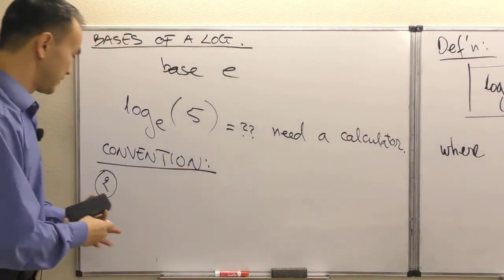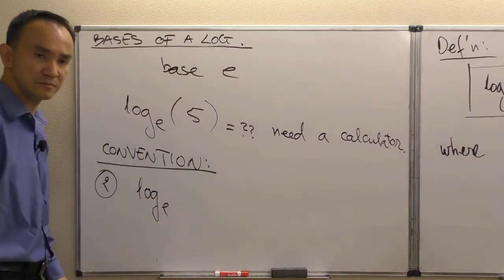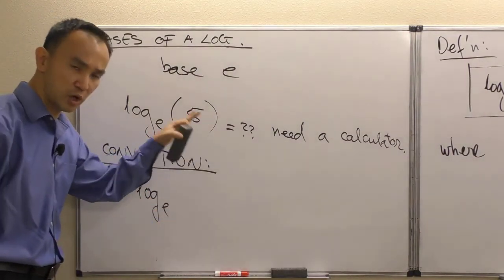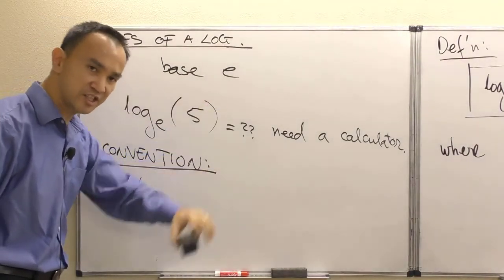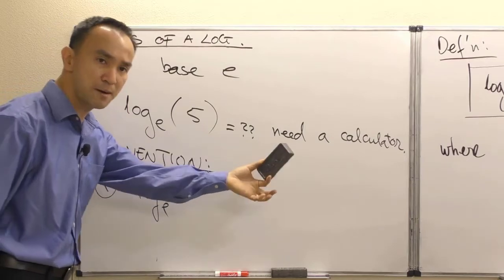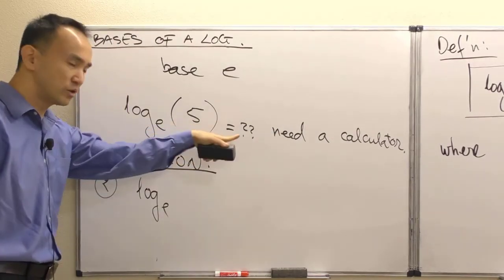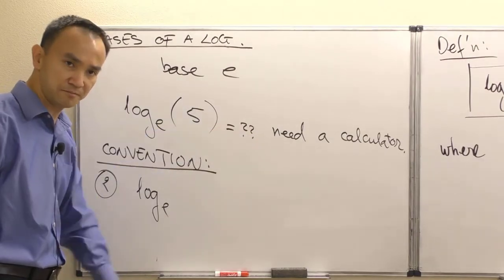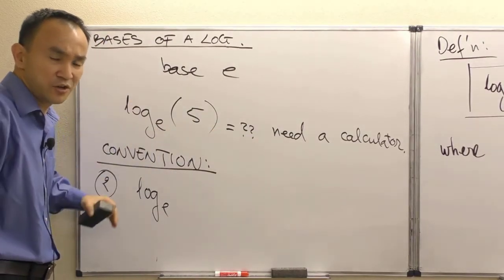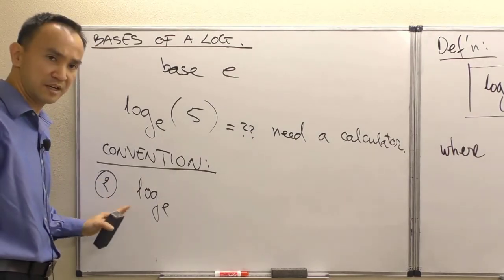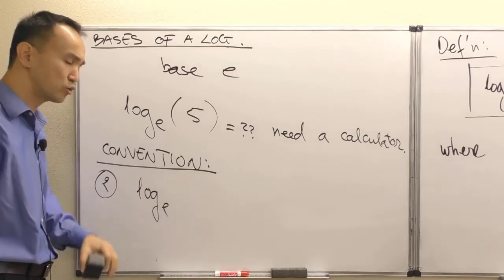I brought that up for you to understand that there are log base e problems existing out there, and in order to do the calculation, we need a calculator, because the base itself is already quite a scary value in decimal. Now I'm showing a convention regarding the symbol, the notation.